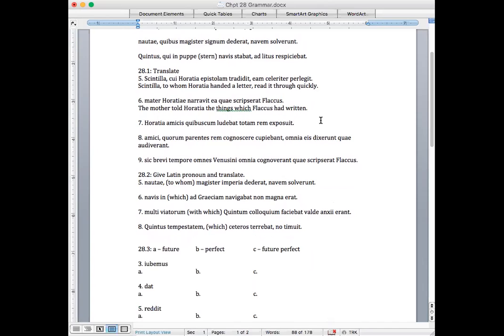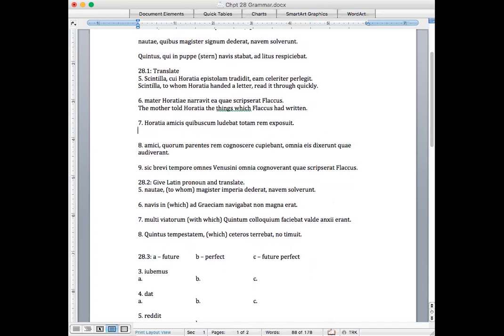Number 7. Okay, we got Horatia again. She's doing some stuff. So here I've got quibuscum ludebat as a clause, totam rem exposuit as probably the main part of the sentence.